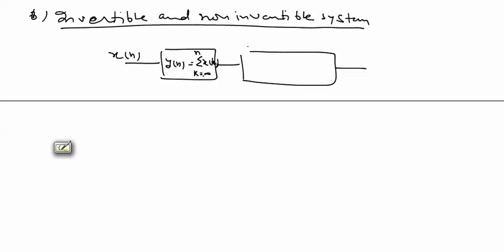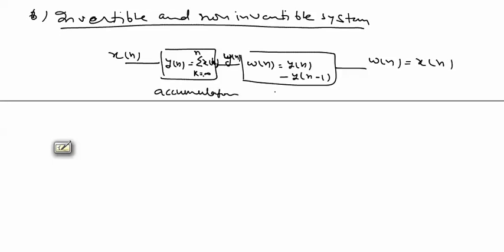It is the accumulation of x(n), and we generate y(n). The result will be w(n), which is produced from y(n) minus y(n minus 1). This is an accumulator followed by a difference equation.